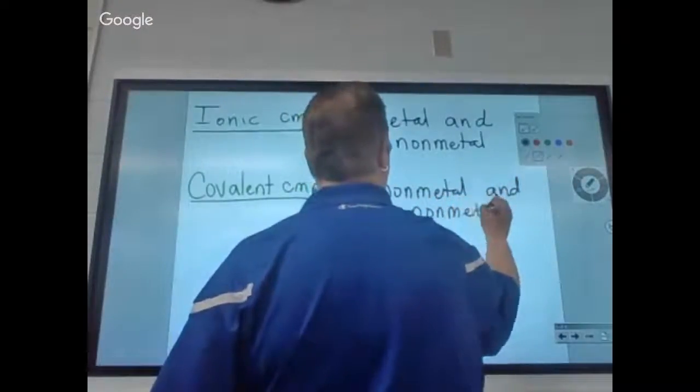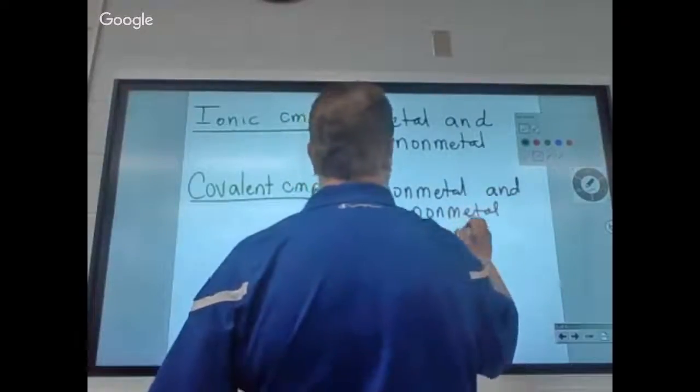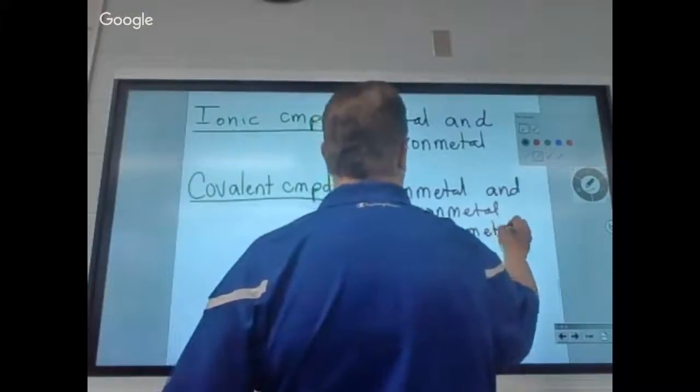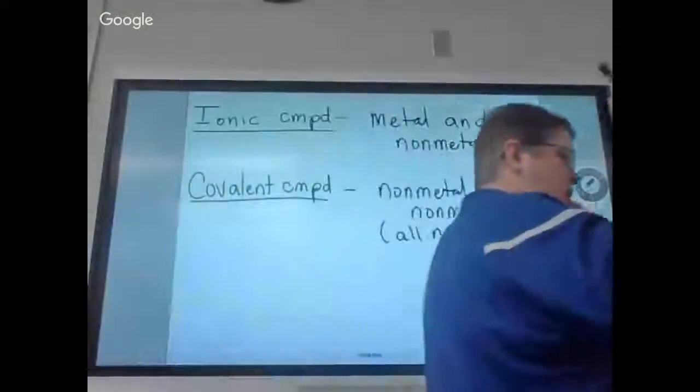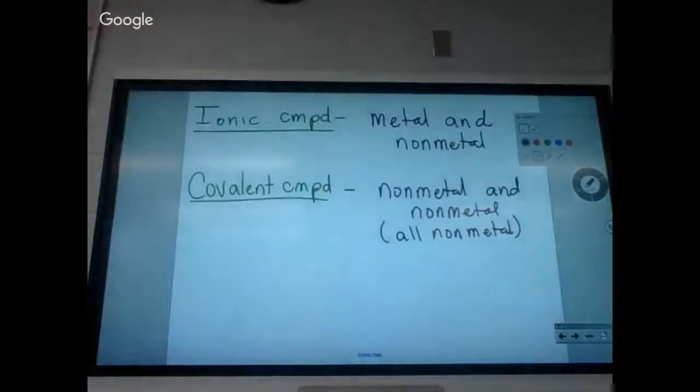Some people prefer to think of it as all non-metals. It doesn't matter to me how you attach that into your brain, but a covalent compound is just non-metals. We will not learn to name anything that is strictly a metal unless it is a singular element, like iron.